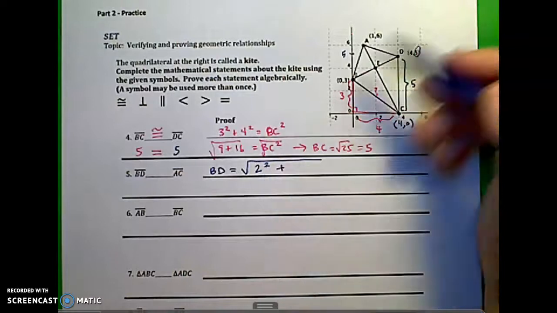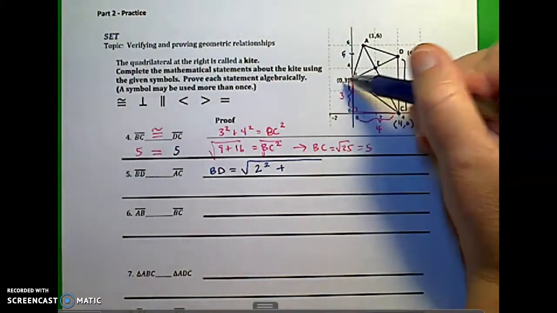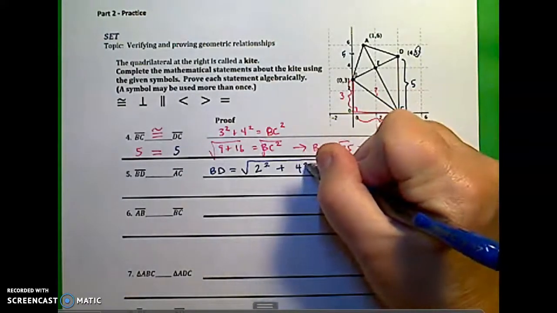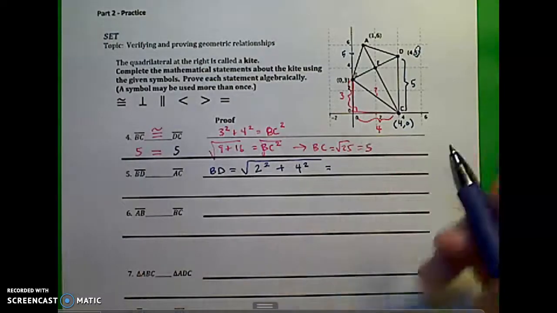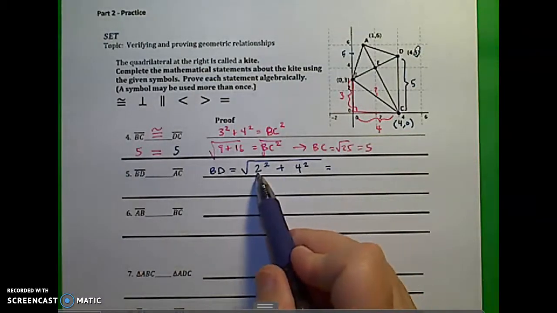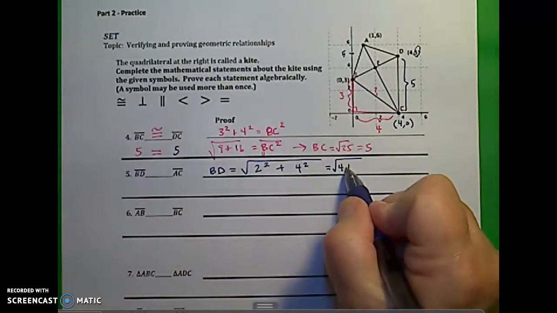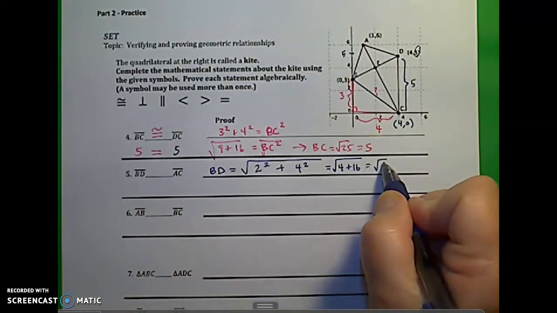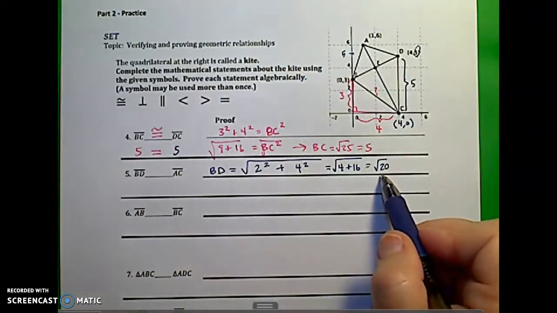And then the difference in the x values, I have an x value of 0 and x value of 4. The difference between 0 and 4 is 4. It doesn't matter what direction it is. I don't have to say negative 4 or positive 4. The difference is just 4, and the difference here is just 2. So I have the square root of 4 plus 16, or the square root of 20. That's what BD is. Now I'm going to leave it just like that.